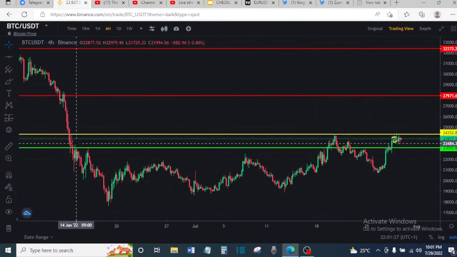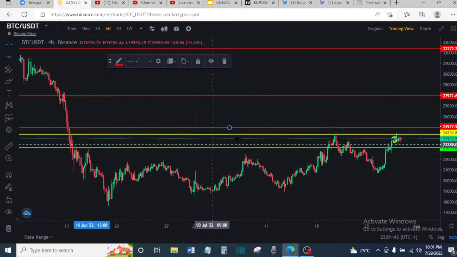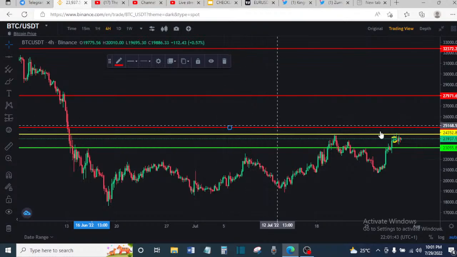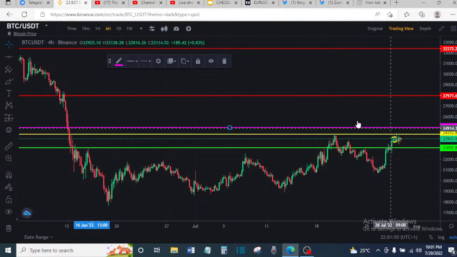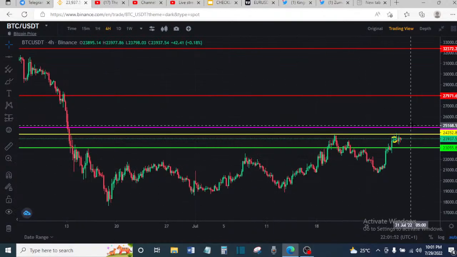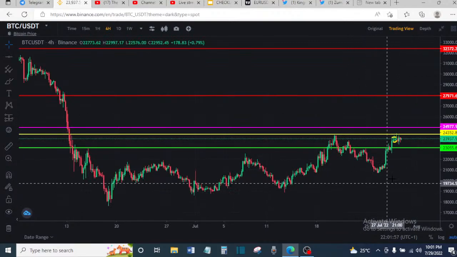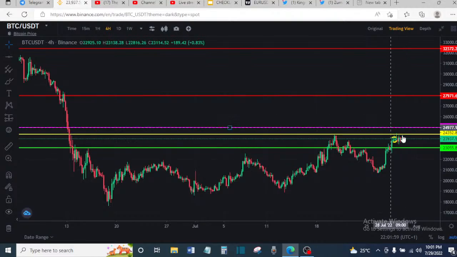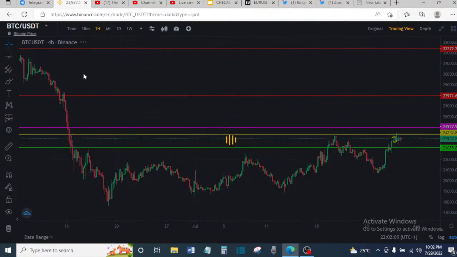From the structure we have here, we could put a line there. That is the next stop, shown by this magenta color. Now, what is the probability that price can get to the next stop? I want us to check how this next stop looks in the 1 hour time frame.